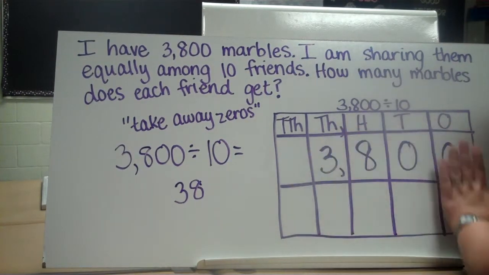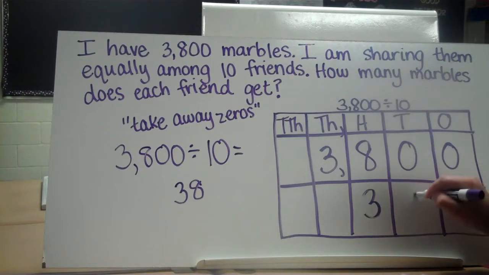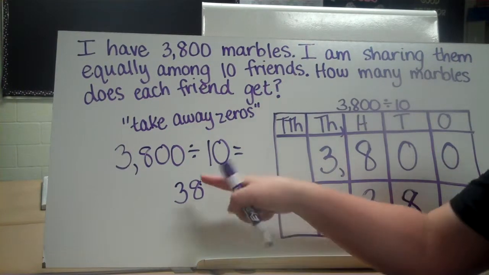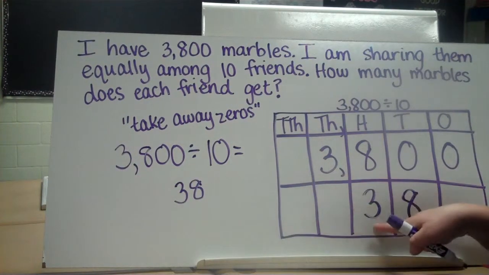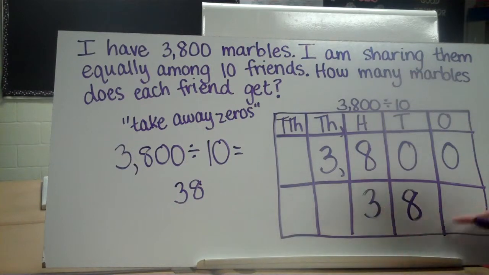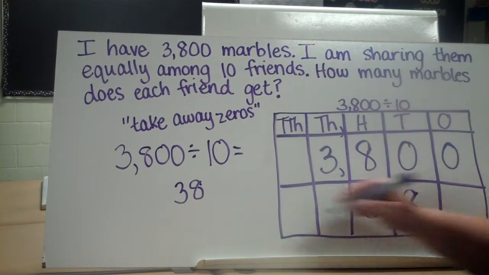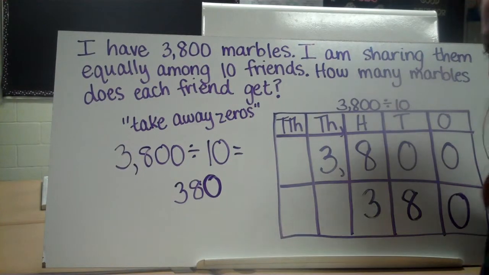And I'll show you over here also. 38 is going to get moved over 1 spot. Well, I went from thousands to hundreds, which means I got rid of a whole place value here. So I need to fill this place value with my filler, which is the 0, to make it 380.